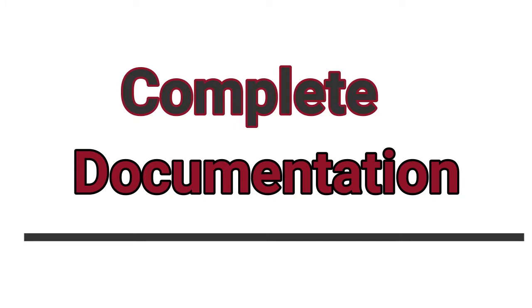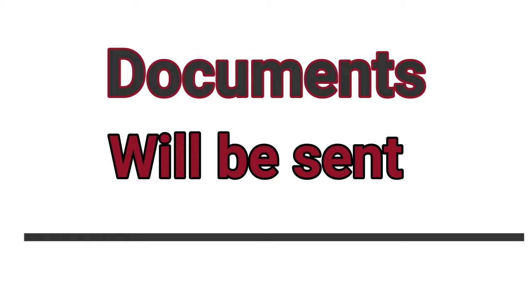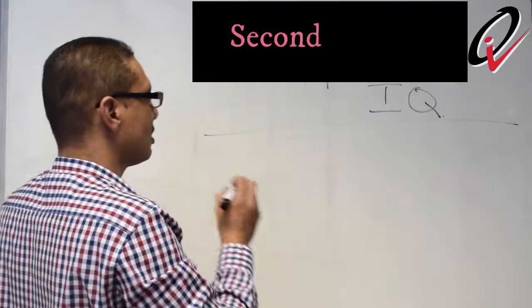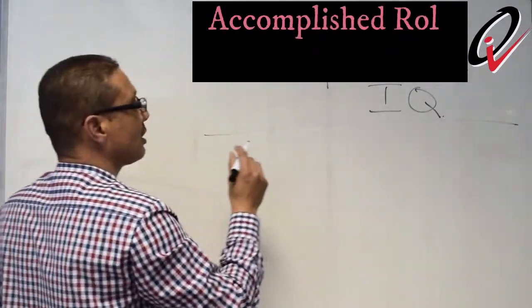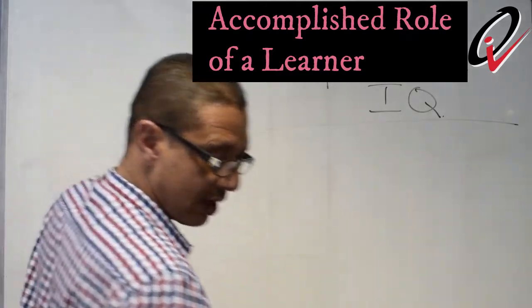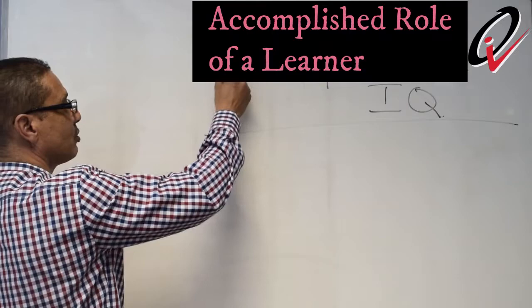That's the first thing, and that's from an IQ perspective. That's your first role. Once you're done completing all the necessary documents that I'll send you, you will then take on the second role.